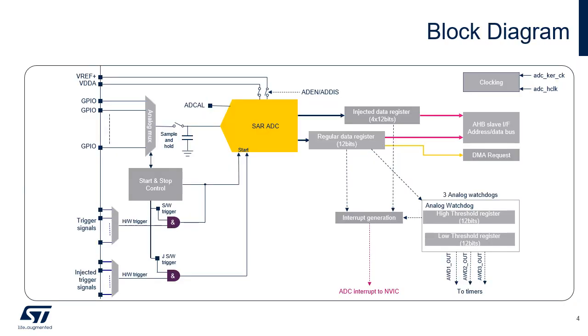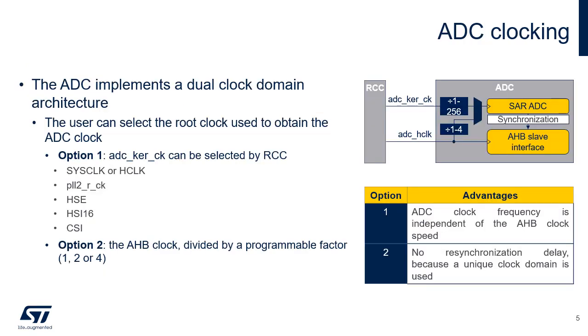This slide shows the general block diagram of the ADC. The main important subunits of the ADC are the power supplies and on-off control, the analog front end, the trigger logic, the digital backend including the analog watchdogs and the AHB slave interface, and the clocking. The next slides detail all these subunits. The ADC has two clock inputs, ADC CK and ADC HCLK.